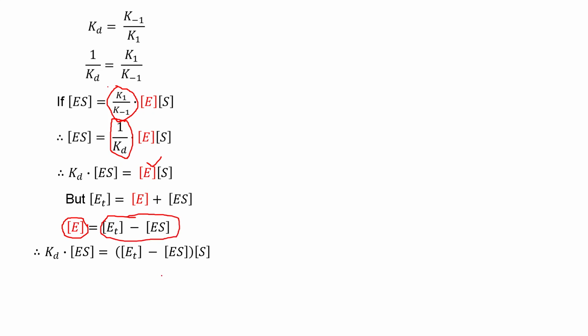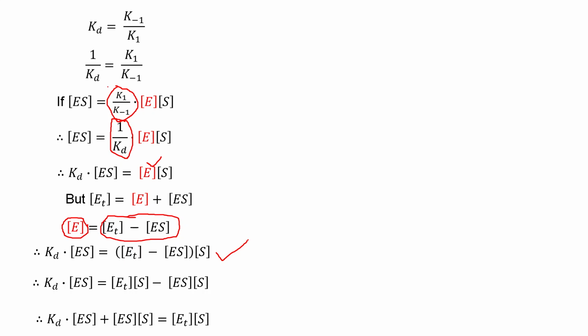And when you do that, you're left with this equation. So you see that Kd multiplied by ES will be equal to, you put in bracket, ET minus ES, all multiplied by S. And when you open that bracket, you have Kd multiplied by ES is equal to ET multiplied by S minus ES multiplied by S. So what you do is collect like terms.